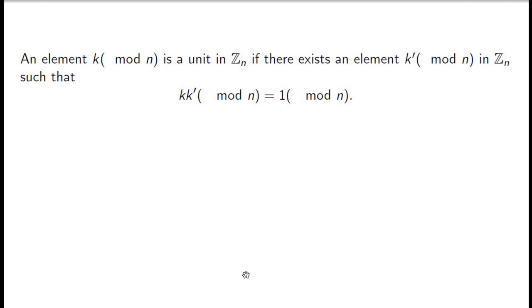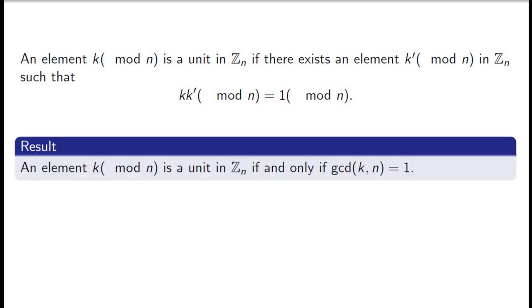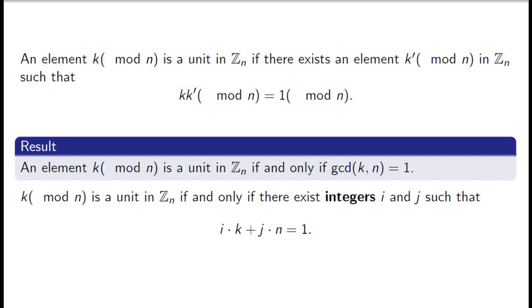We have a result that characterizes units in Zn: an element k mod n is a unit in Zn if and only if GCD of k and n is equal to 1. In other words, k mod n is a unit in Zn if and only if k and n are relatively prime. We can also state it as: k mod n is a unit in Zn if and only if there exist integers i and j such that i times k plus j times n is equal to 1.